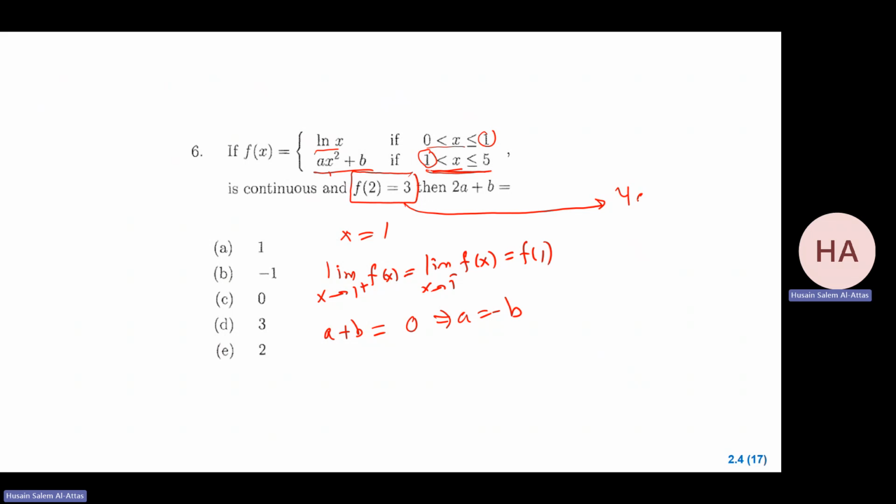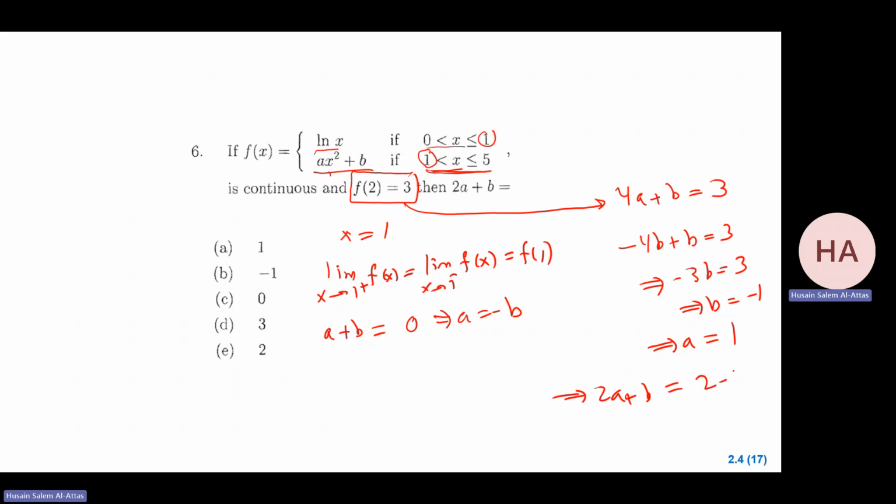I have 4a plus b equals 3. So I plug a equals minus b, so it means minus 4b plus b equals 3. So I have minus 3b equals 3, so b equals minus 1. So a will be minus b, which is 1. What I need is 2a plus b, which is 2 minus 1, which is 1. So that will be my answer.